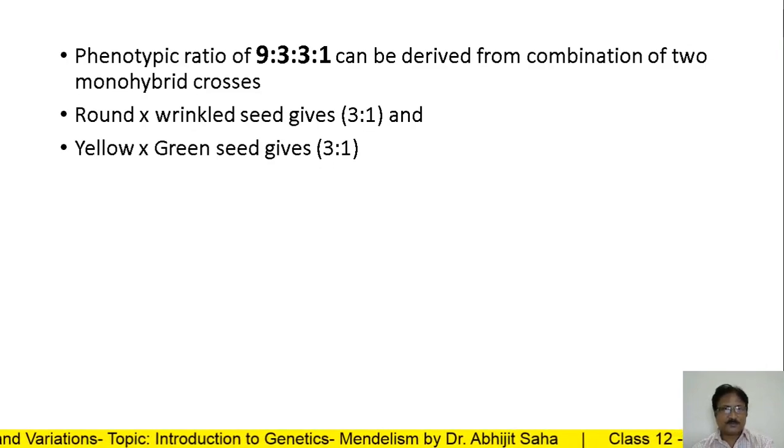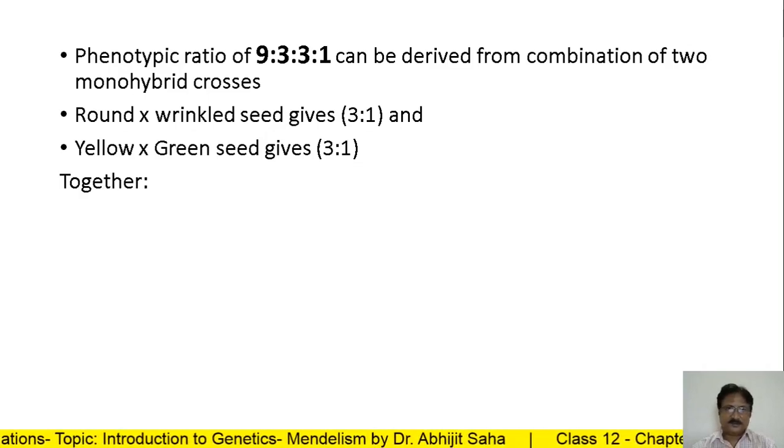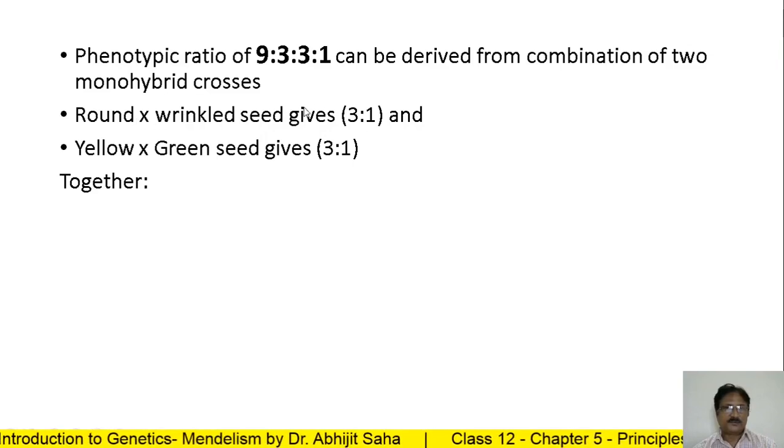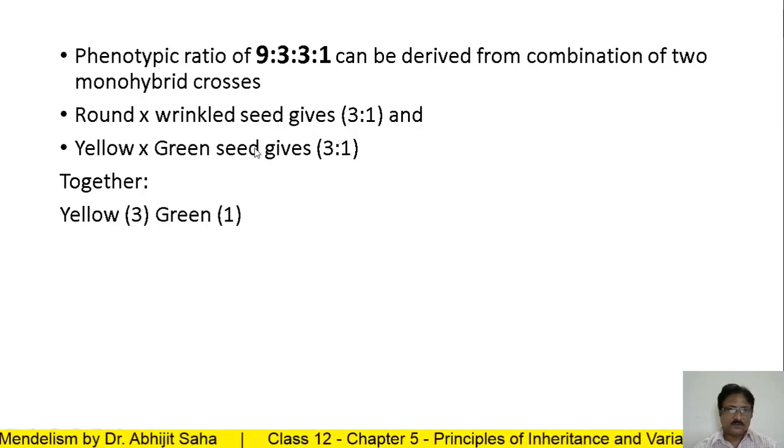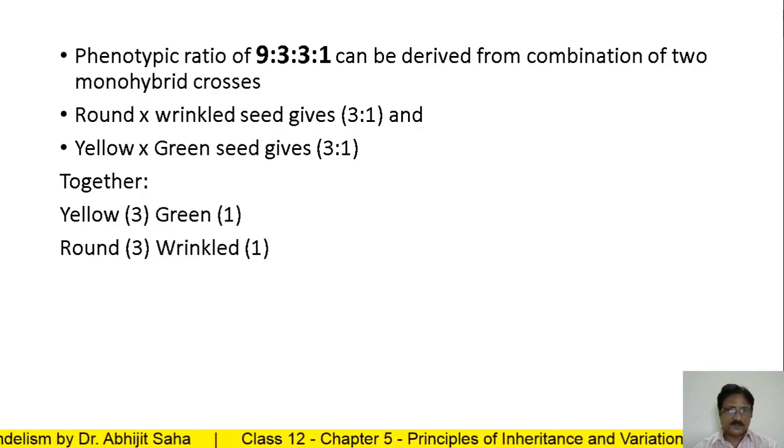So let us compare the two monohybrid crosses. One is round and wrinkled seed, which is the shape of the seed. Round is dominant over wrinkled, so the F2 ratio is 3:1. Similarly, for the color of the seed, yellow and green, the monohybrid cross gives a ratio of 3:1. So these are the results of the two separate monohybrid crosses. When we consider them together, what happens? Let us try to see.